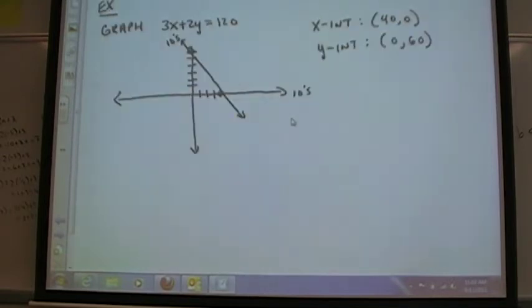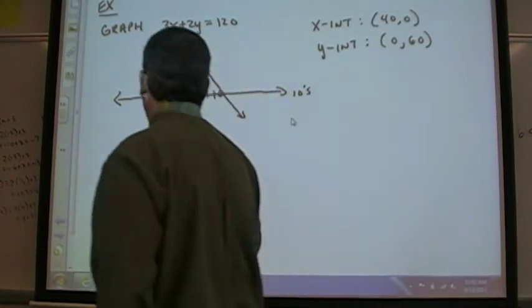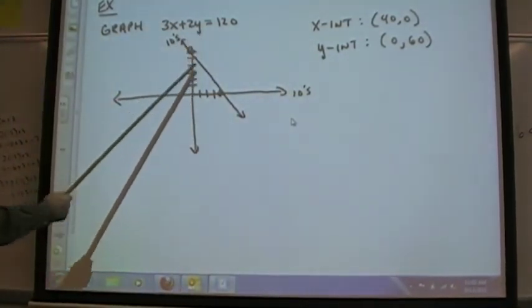Graph 3x plus 2y equals 120, and you'll see why I think it's pretty simple to graph in standard form. What is your x-coordinate of the y-intercept? When you're crossing the y-axis, what is your x value? 0.